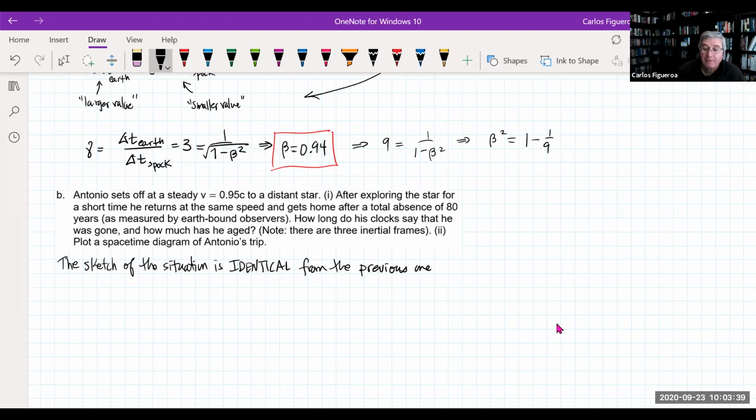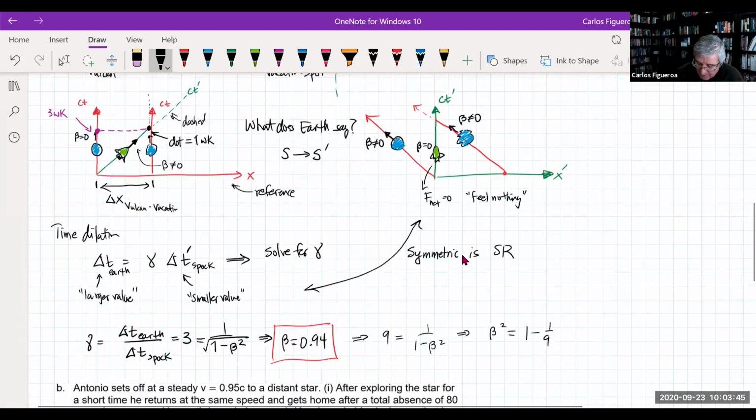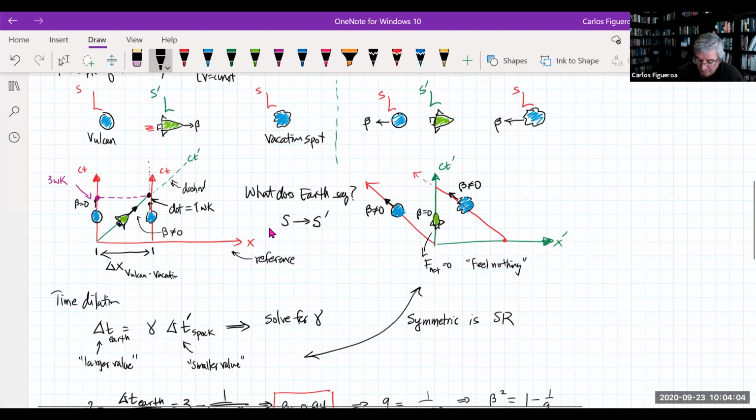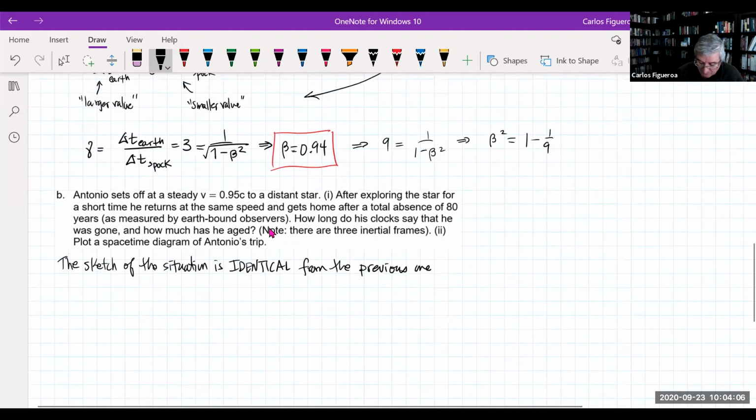You could imagine that I can't tell the difference between this image or that image. They're both symmetric for each observer. But this time I only looked at a one-way trip. Now I'm going to look at a two-way trip.